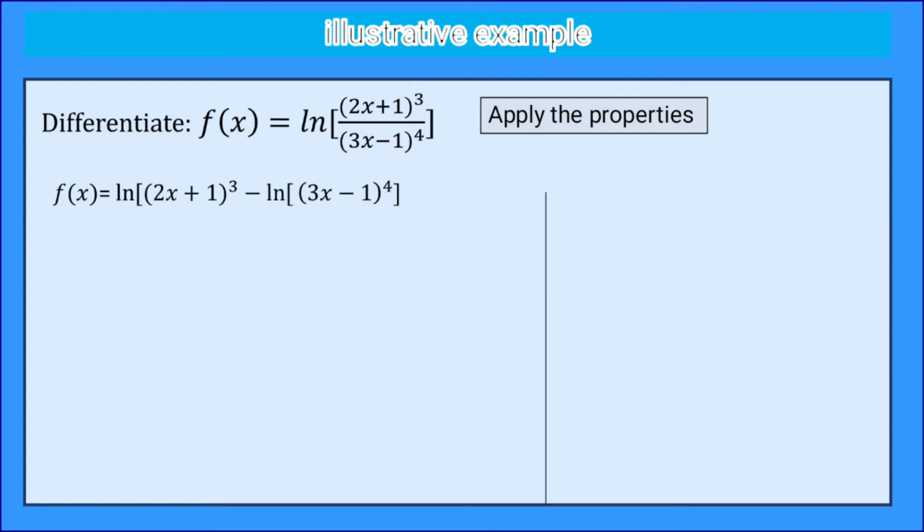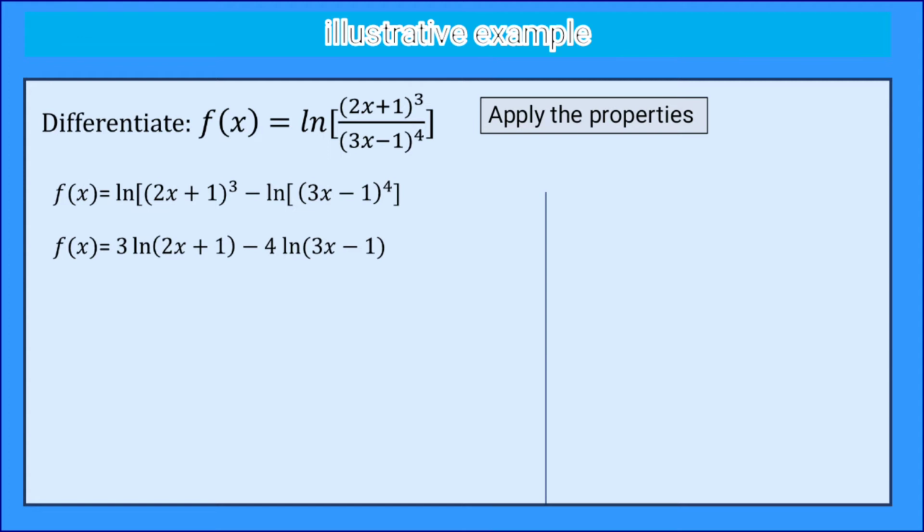And since we have exponent 3 and exponent 4, we can also use the third property of logarithm. So we can transform this exponent into a constant. Just put our constant at the beginning of our ln.